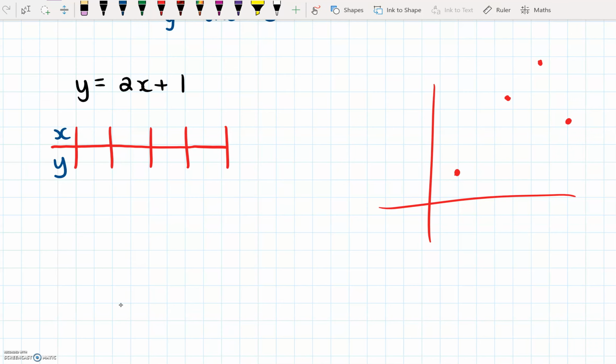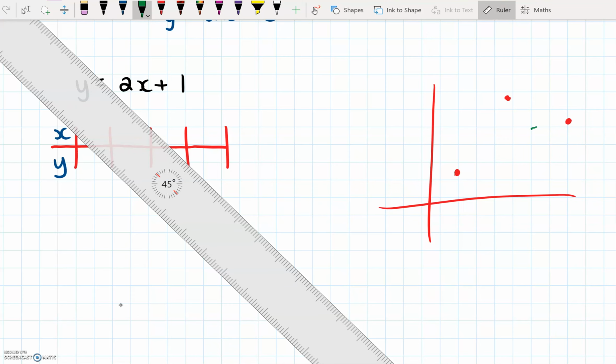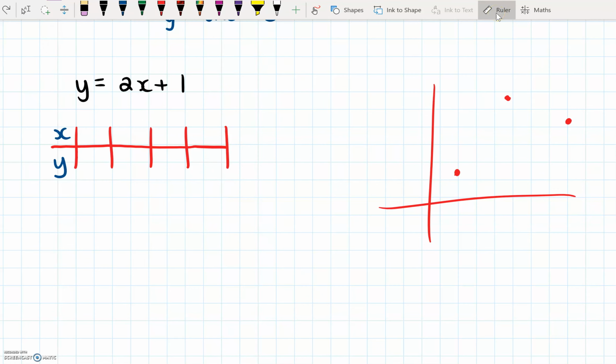If the 4th point was instead here, then you can see this one is wrong. And if the 4th point is here, then you can see this one is wrong. So we always do 4 points to make sure that you get that right.